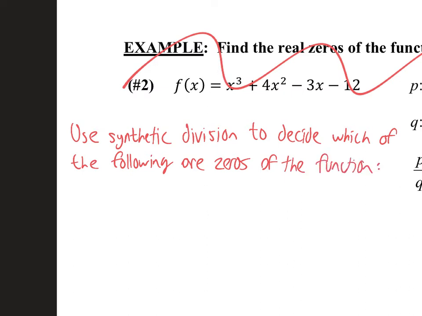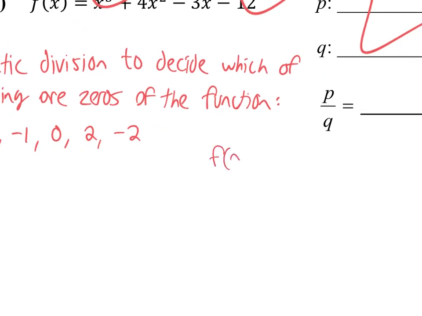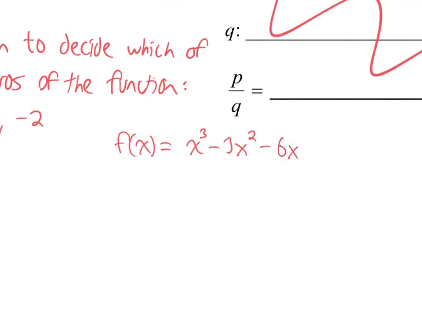Okay? So we're going to check these numbers right here. We're going to check 1, -1, 0, 2, -2. Okay? And our equation is going to be this. We're going to use f of x equals x to the 3rd minus 3x squared minus 6x plus 8.